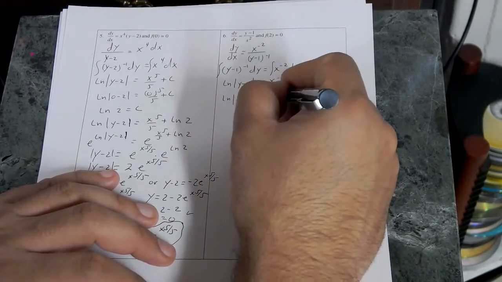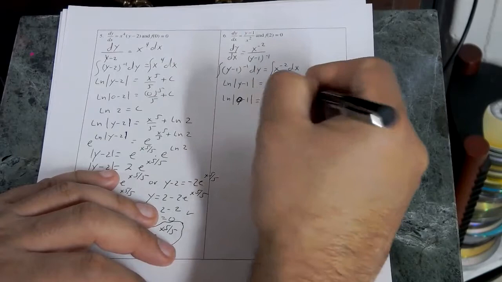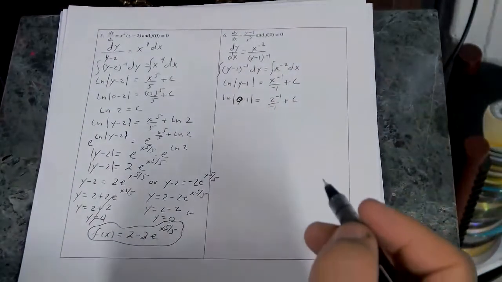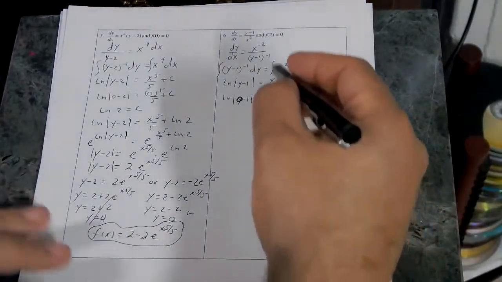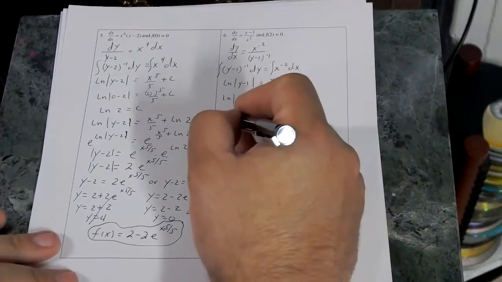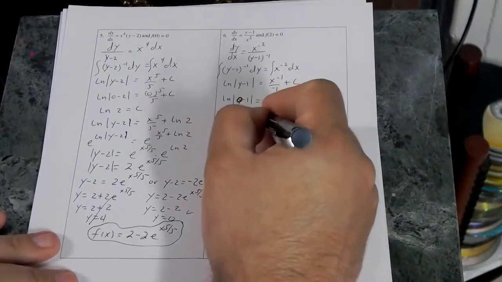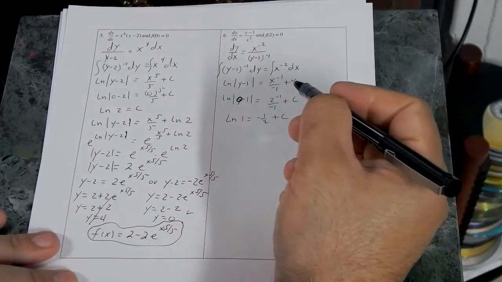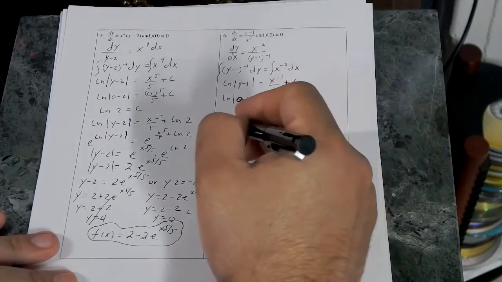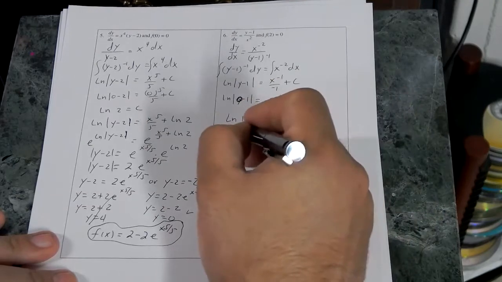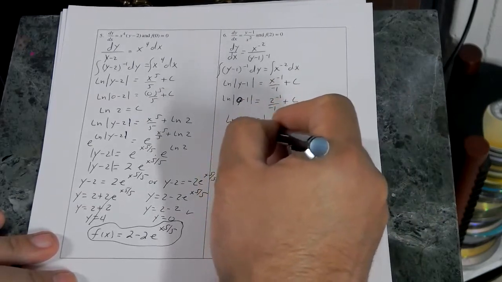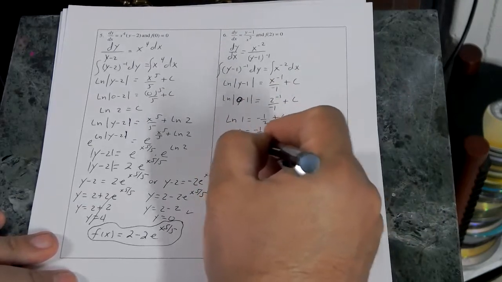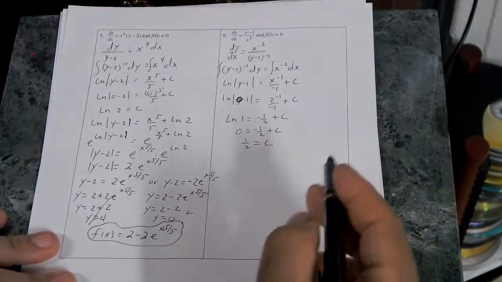So 2 to the negative 1 over negative 1 plus c. So we end up with negative 1/2 here. Natural log of 1 equals negative 1/2 plus c. So we know the natural log of 1 is 0. So 0 is equal to negative 1/2 plus c. Therefore, c is equal to 1/2.